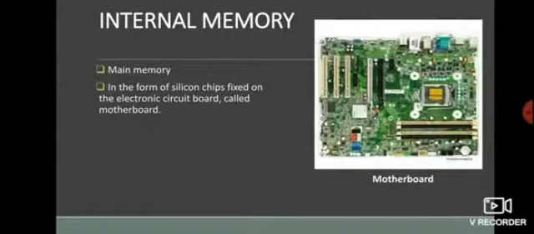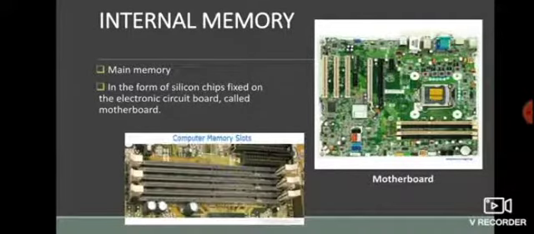See, here is the figure of a motherboard that is available inside the CPU. And these are computer memory slots. See, these 3 slots are for the memory. In these we have to attach our RAM.